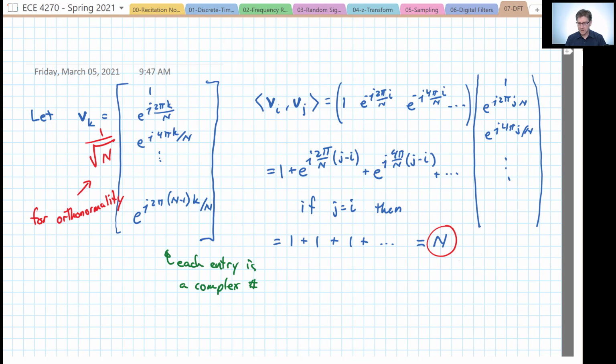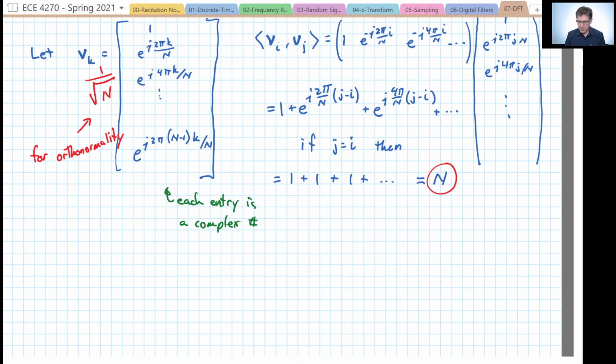Okay, so let's go back and complete this and try to figure out if we actually have an orthogonal basis. So, in order to do this, we need to remember the equation for a geometric sum.